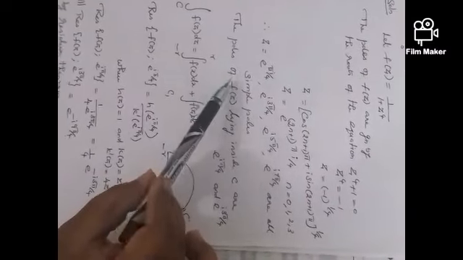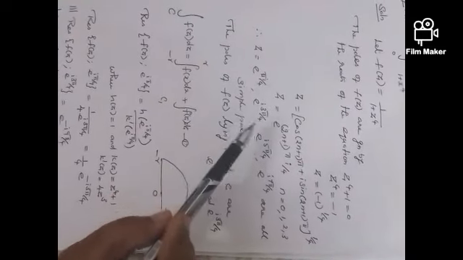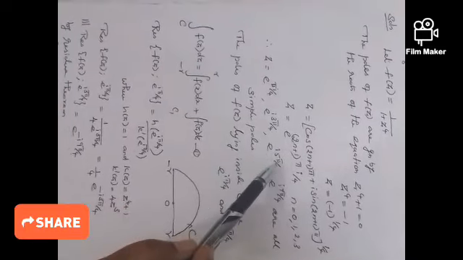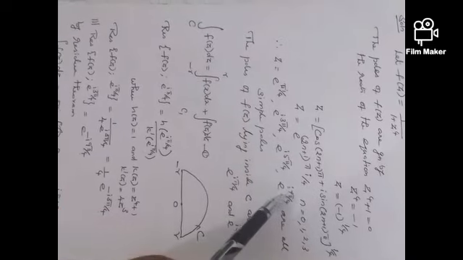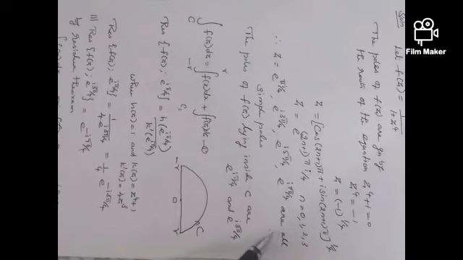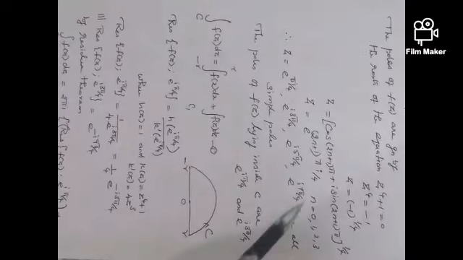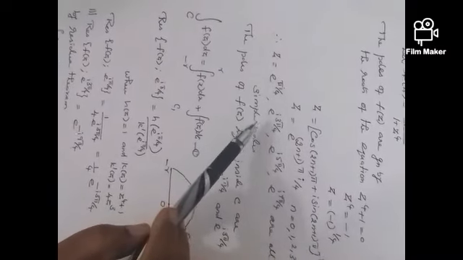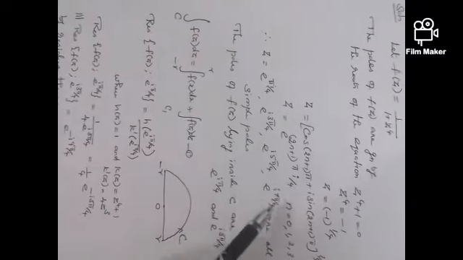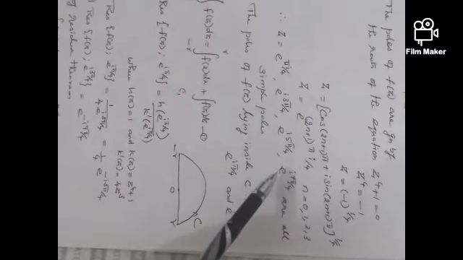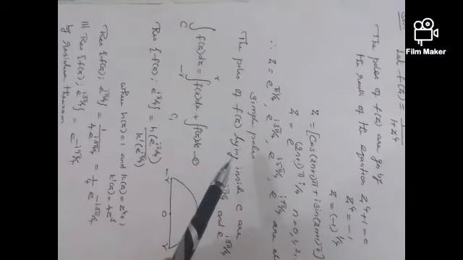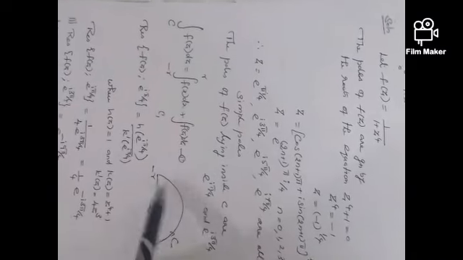Therefore, z equal to e power pi i by 4, e power 3 pi i by 4, e power 5 pi i by 4, e power 7 pi i by 4 are all simple poles. These two values are inside the circle. These two are outside the circle. The poles of f of z lie inside the circle.